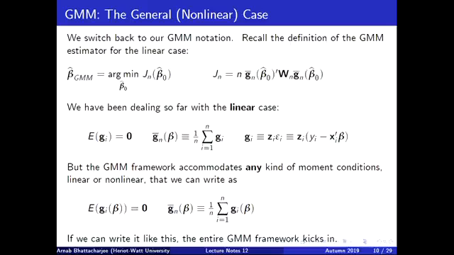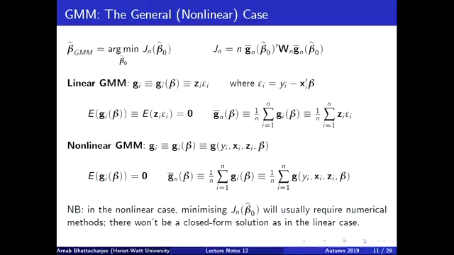In linear GMM, our g_i was like this, z_i epsilon_i, nice and simple. In nonlinear GMM, it is going to be a bit more complicated. This g_i of beta will be a function of y_i, x_i, z_i, and beta, a nonlinear function. And our g_n bar will simply be the sample average of this.